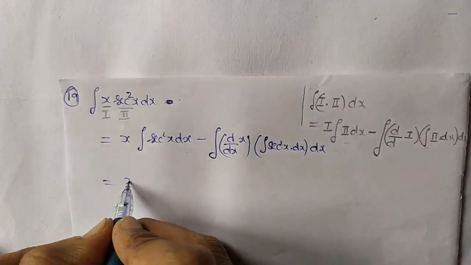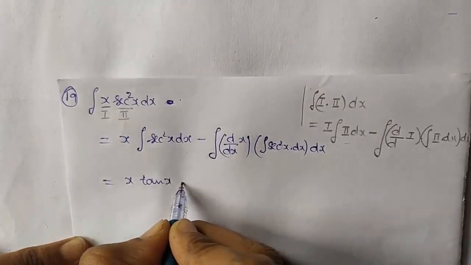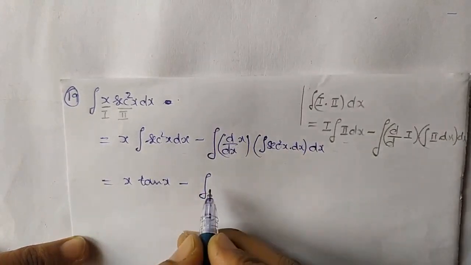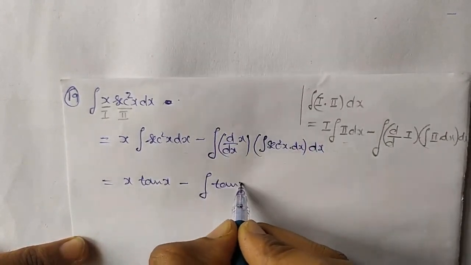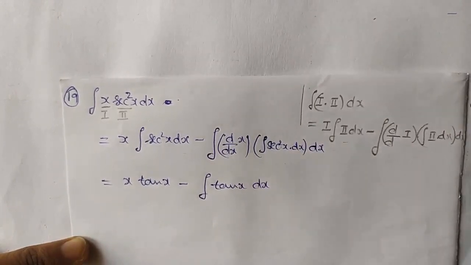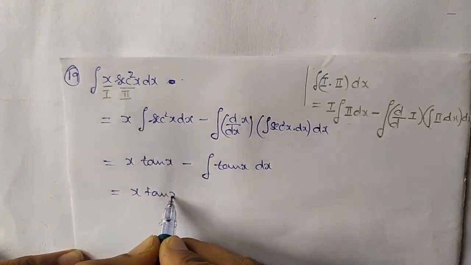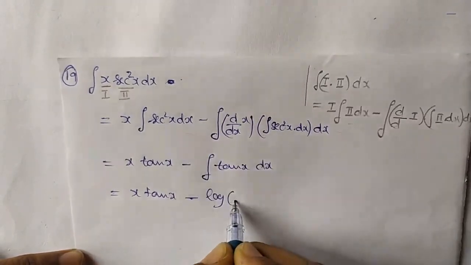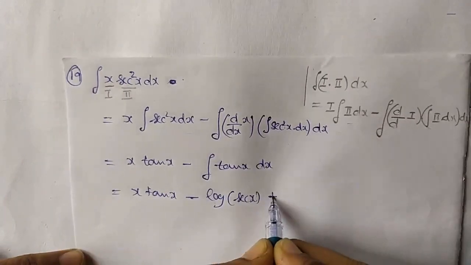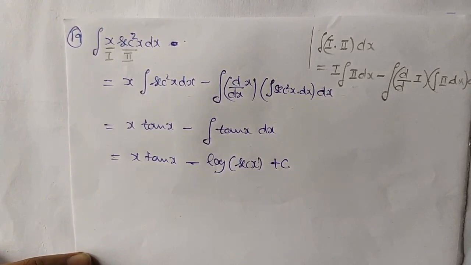That is equal to x into integration of secant square x, which is tan x, minus integration of differentiation of x, which is 1, into integration of secant square x, which is tan x, dx. That is equal to x tan x minus integration of tan x, which is log of secant x, plus c, where c is a constant of integration. It is the 19th question.